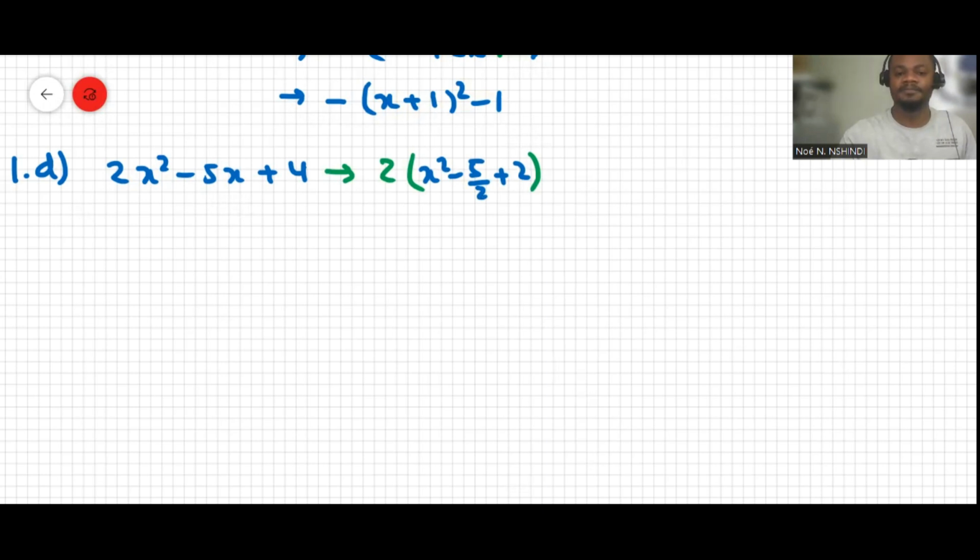Then I see I need to make C for x squared minus 5 over 2 x. So C will be b over 2a. So b is negative 5 over 2, over 2a, which is over 2.